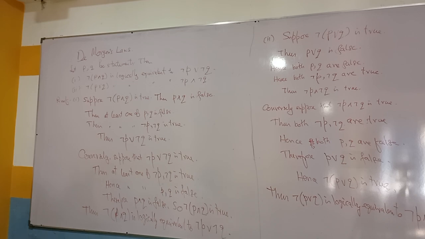Let P and Q be statements, then the statement P implies Q is logically equivalent to not P or Q. That is a very important result, whether you prove it or not. All the connectives can be written using implication. P and Q, P or Q, P if and only if Q. Everything can be written using implication.